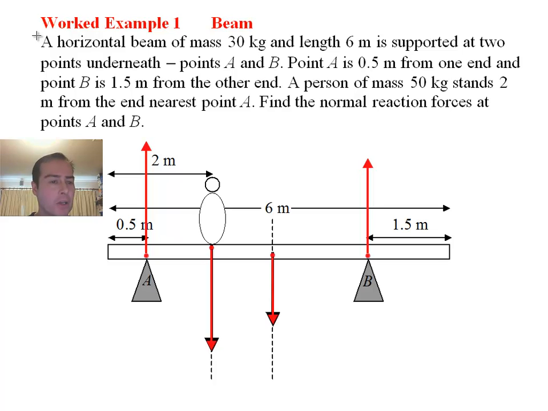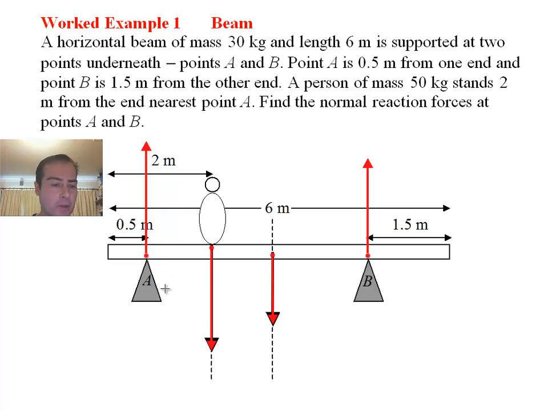So here we go. A horizontal beam of mass 30 kilograms and length 6 meters is supported at 2 points underneath, points A and B. We see points A and B, we note the 6 meter length, and the 30 kilograms is information not shown in the diagram, but we'll show that in a moment when we write down the weight force here. Point A is 0.5 meters or half a meter from one end.